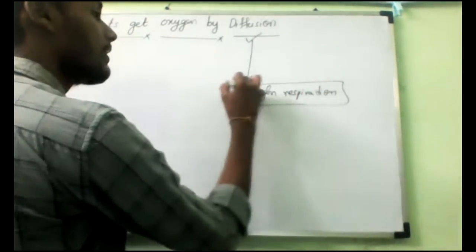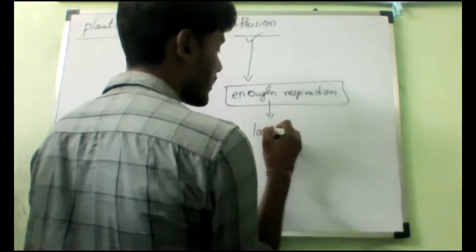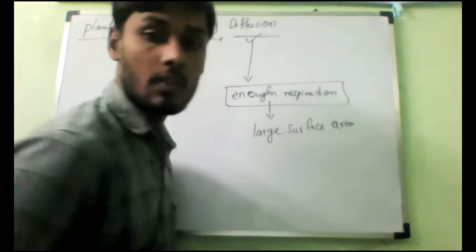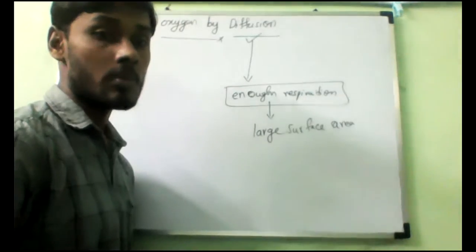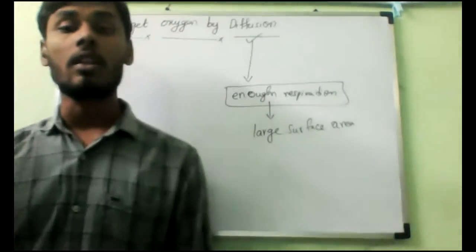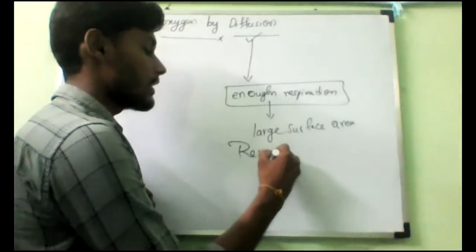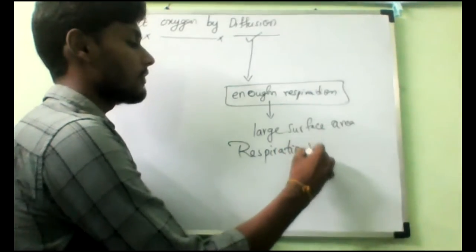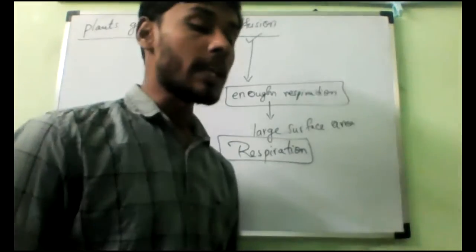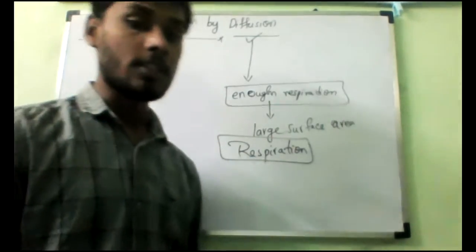Because plants have a very large surface area in comparison to their volume. So they can supply all the cells of the plant with as much oxygen as they need for the respiration process. That is what you should remember: why diffusion alone is sufficient to supply the required oxygen for respiration.